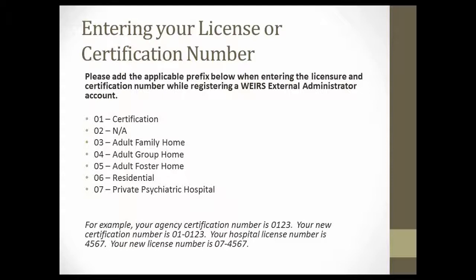Whatever current 4-digit license number you have now, you would just include the prefix in front of it that corresponds to the type of program that you operate. At the bottom there is the example given. So if 0123 was your agency number, certification number, license number, your new one will be 01-0123. If it was a hospital, and it was 4567, it's going to be 07-4567.